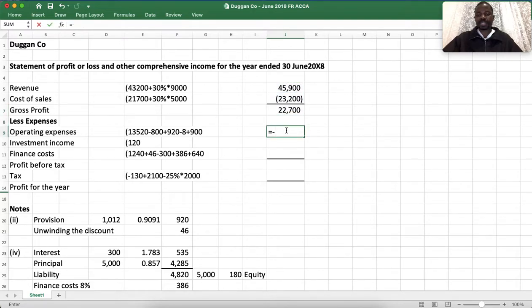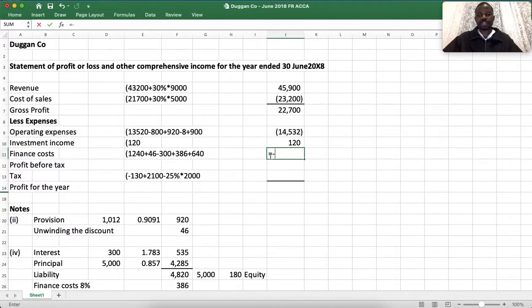Our operating expenses is 13,520, out of which we reverse 800 and add the correct finance cost. We reduce excess depreciation. We add the fraud. Then our income did not change.